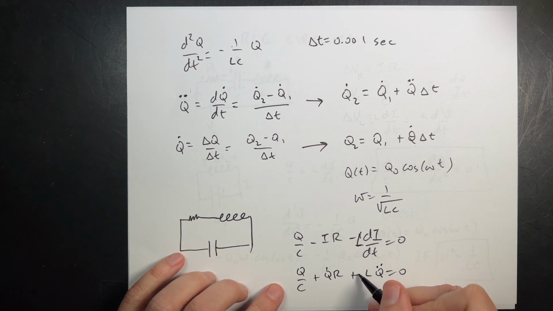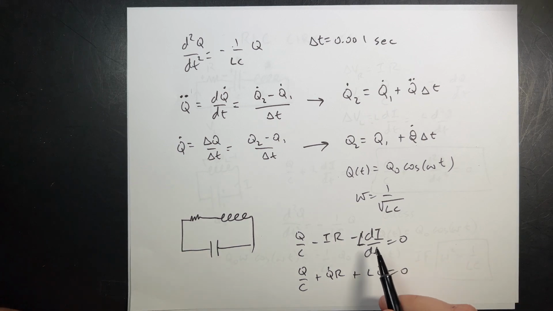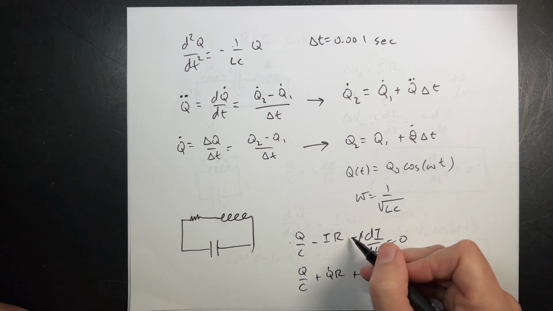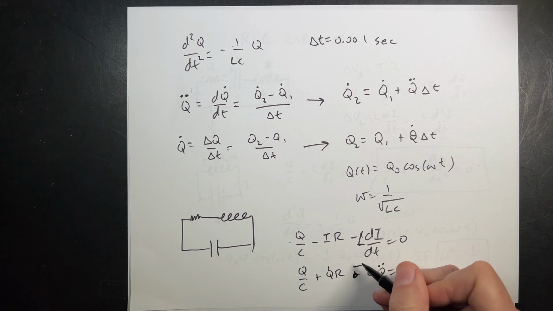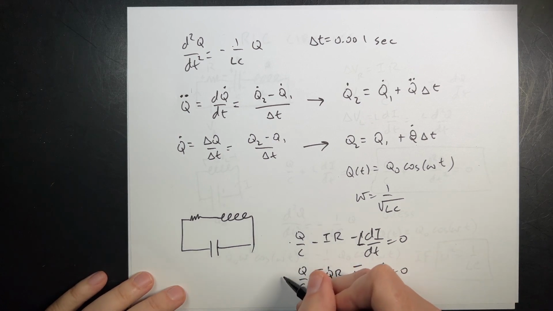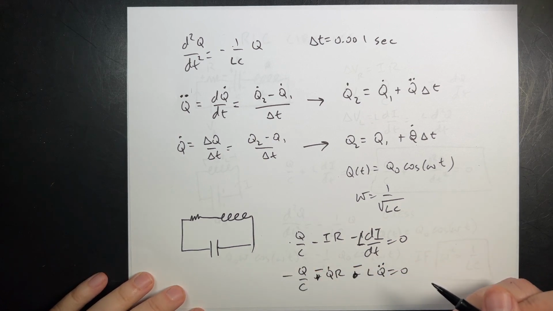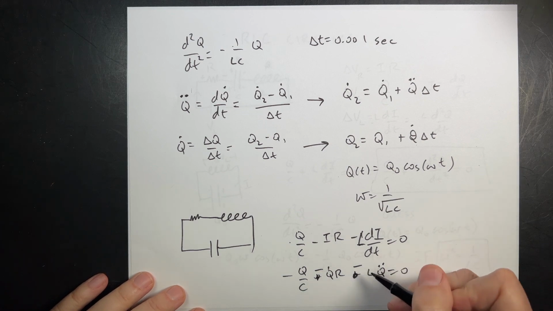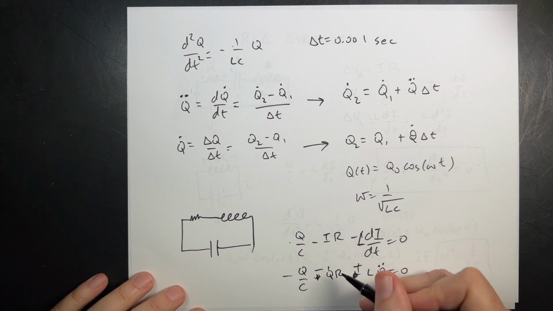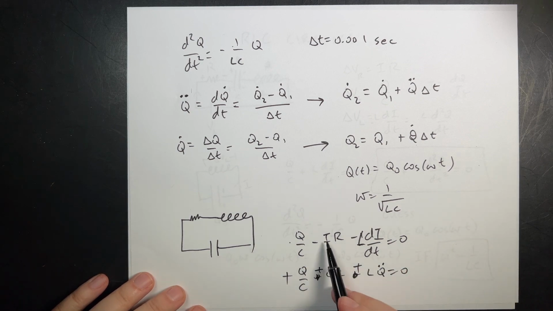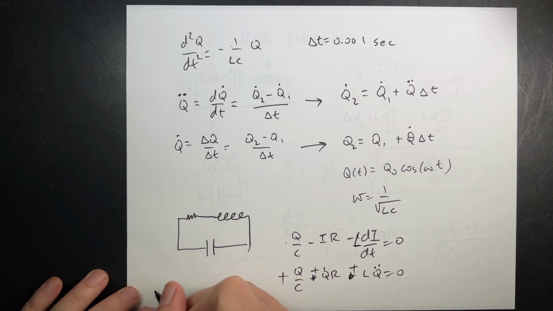No, that one's minus. One of them is minus. No, let's wait, that one's minus. So leave these as minus. No, plus. No, they are plus. Okay. Yeah, they're plus.